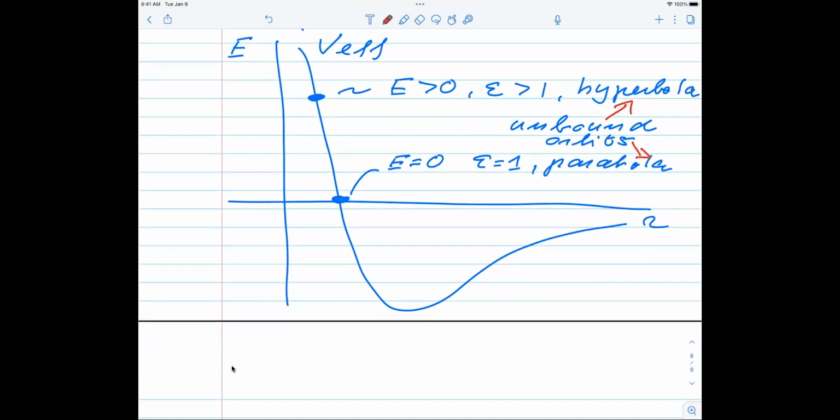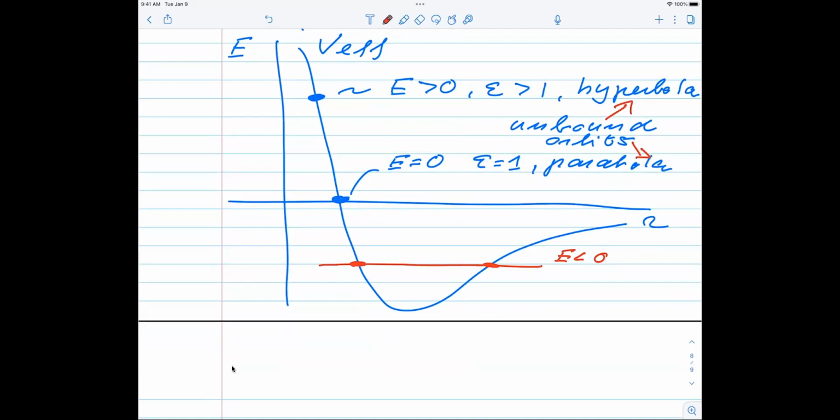And then we are going to look at the other two cases. So we have the energy here, I'm going to mark it like this. This corresponds to an energy which is less than 0. That means that it's actually the gravitational force which pulls in. And there is a balance between the gravitational force and the kinetic energy.